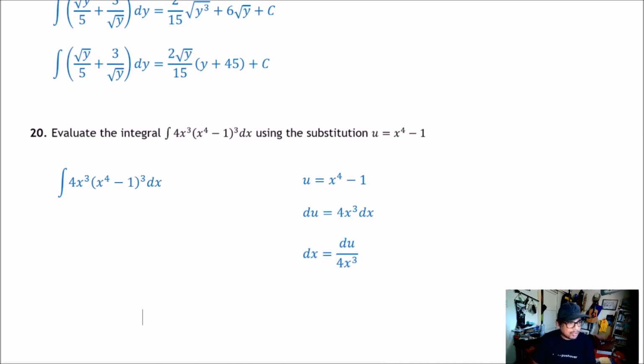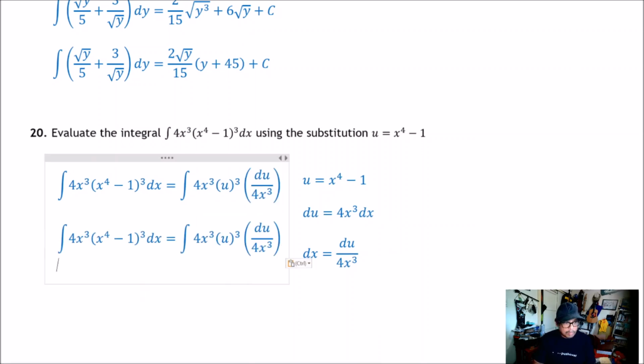Just do a little bit of reconstruction so we can follow the trail a little bit better. This is where we left off. So next I'm going to substitute this dx with a du over 4x cubed. And then we're going to simplify. First thing is that this 4x cubed on the denominator is going to cancel out with this 4x cubed over here.